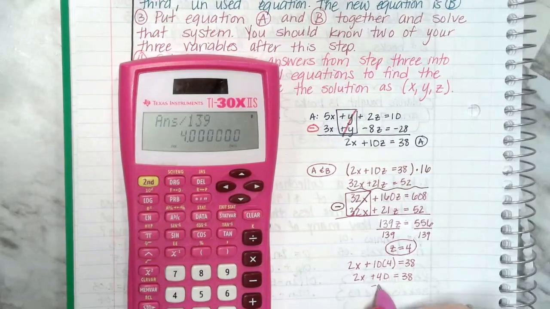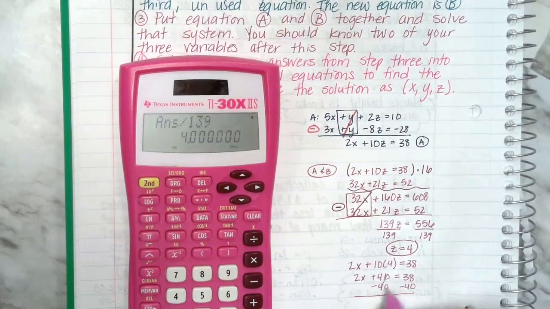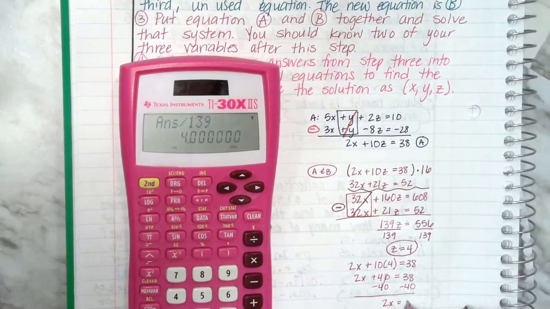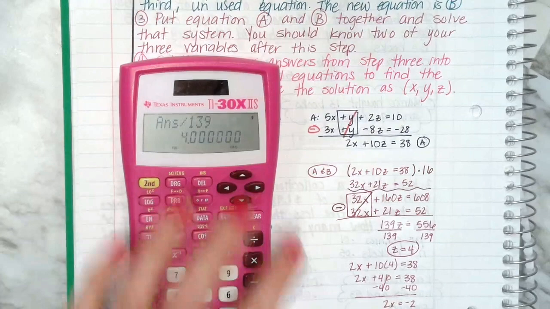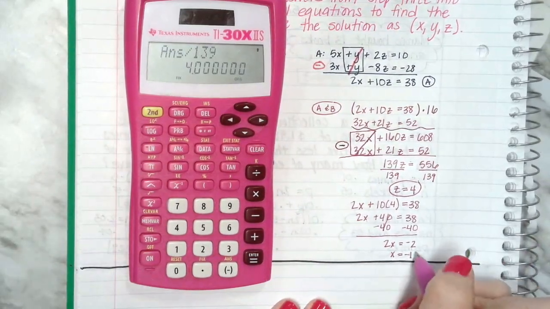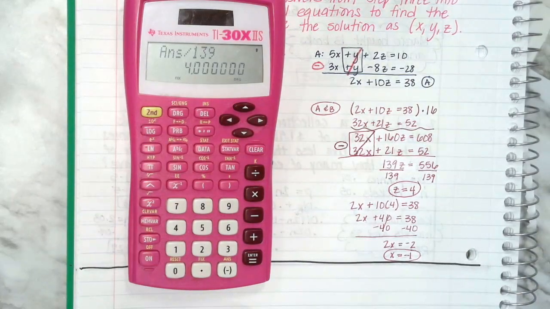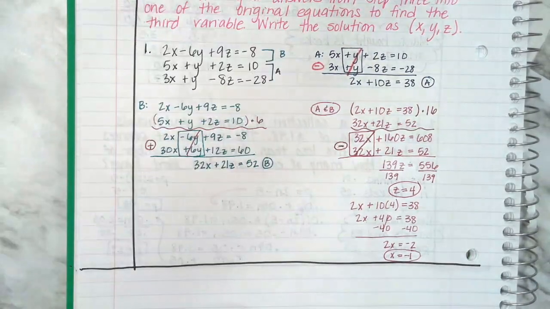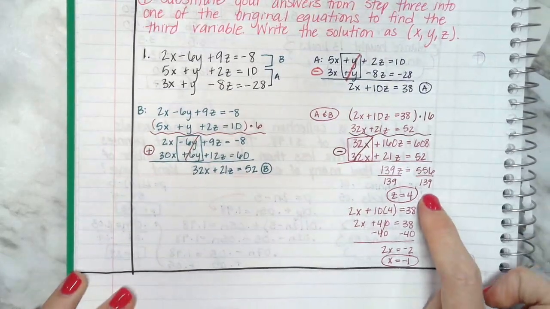And so if I subtract 40, I'm going to get 2x equals negative 2, and so x equals negative 1. So we just plug it in like we're used to, and we solve for x, and we get x equals negative 1.